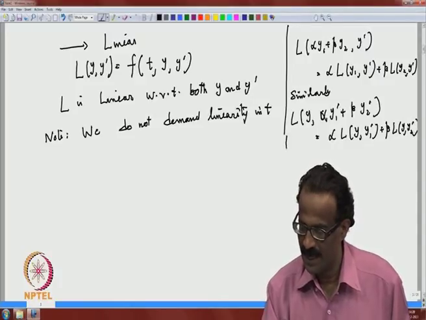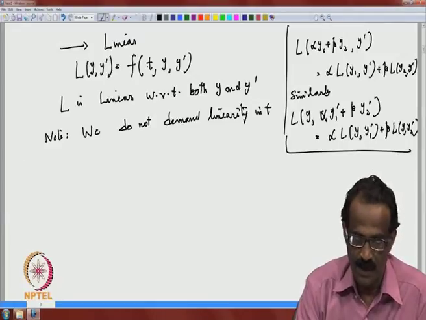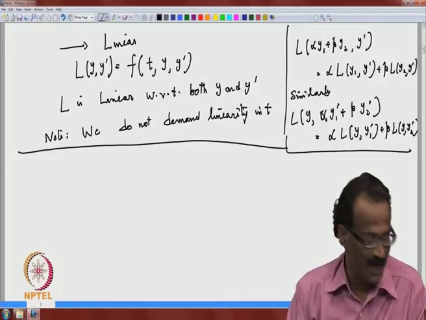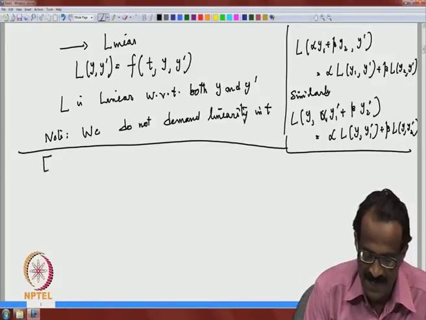So, you see the linearity, and if you look at the linear algebra preliminaries which you have studied, probably I can leave it as an exercise.